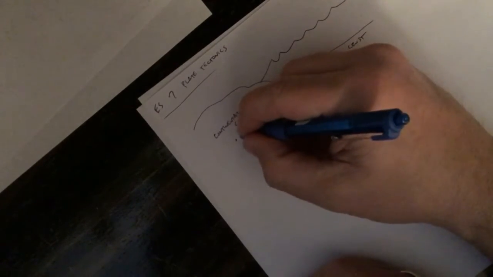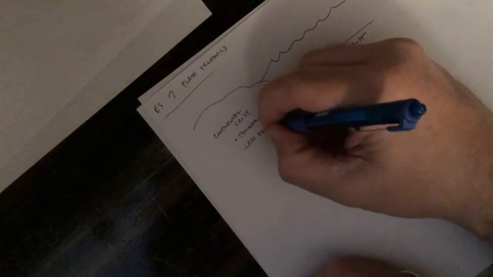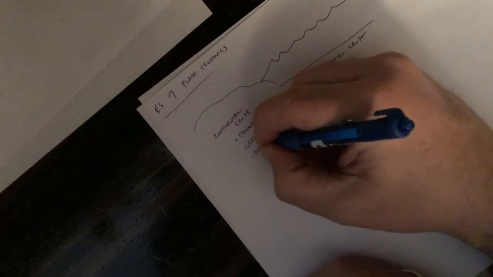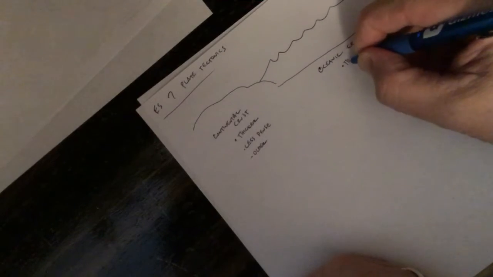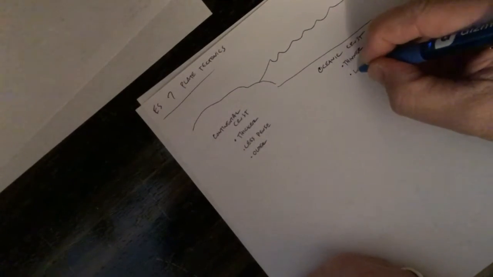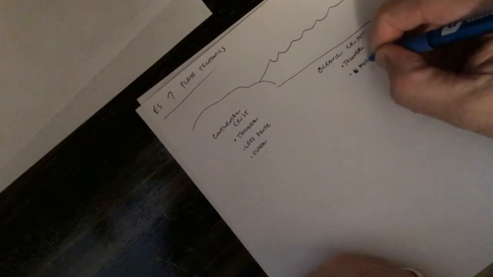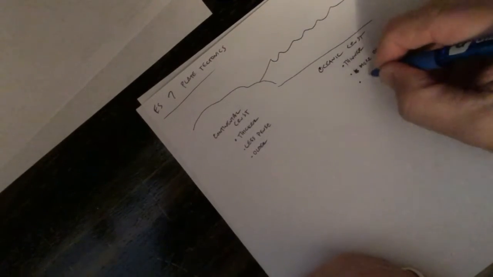Continental crust is thicker and less dense and older than the oceanic crust. The oceanic crust is thinner, more dense, and newer.